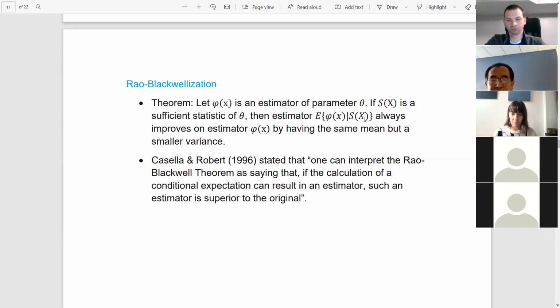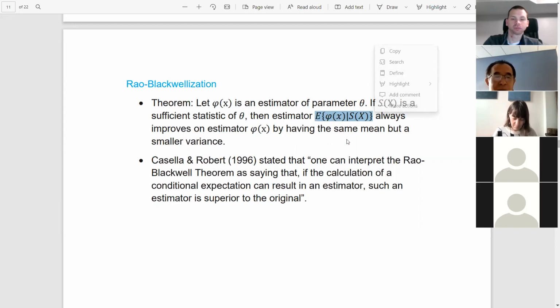If you do this, then you're always going to improve the estimate, by averaging this estimate conditional on a sufficient statistic. You're always going to have the same mean, but a smaller variance.